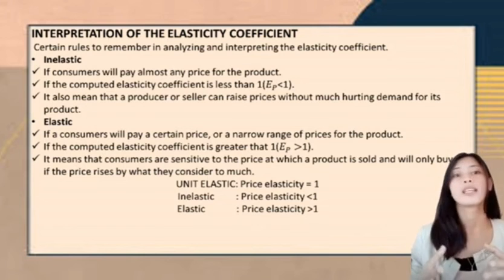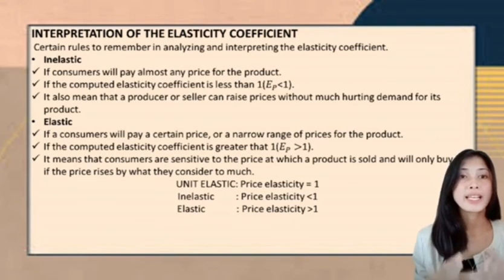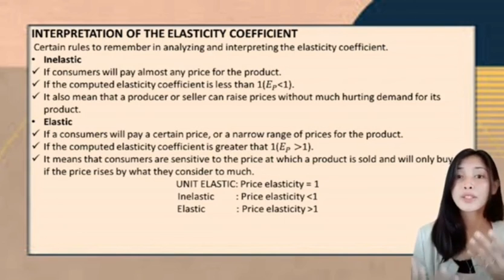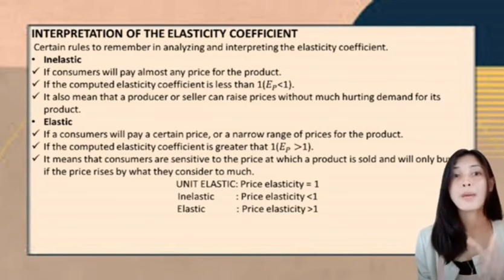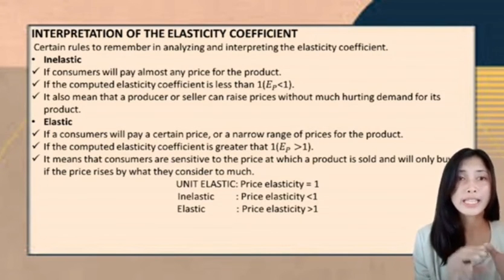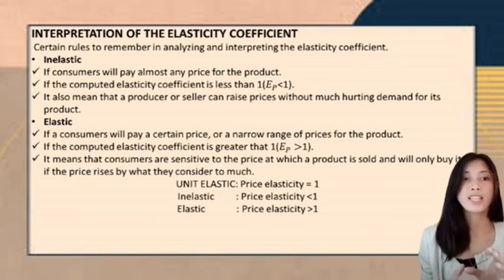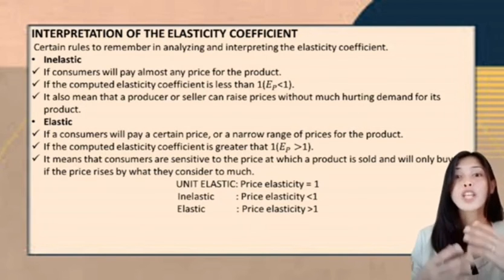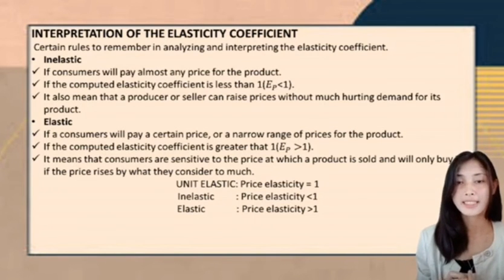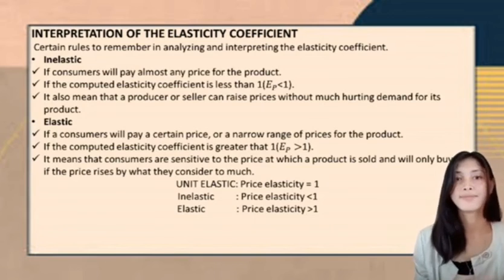This means that the demand for gold jewelry is very price sensitive, such that when the gold price shoots up, demand for gold can largely go down. And we can say that demand is elastic if the computed elasticity coefficient is greater than 1.